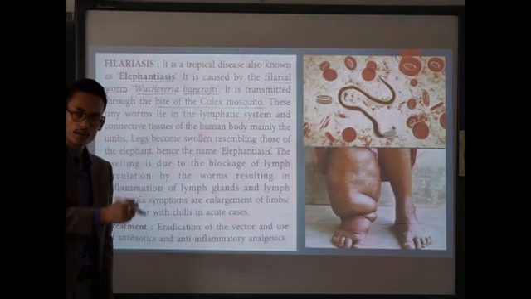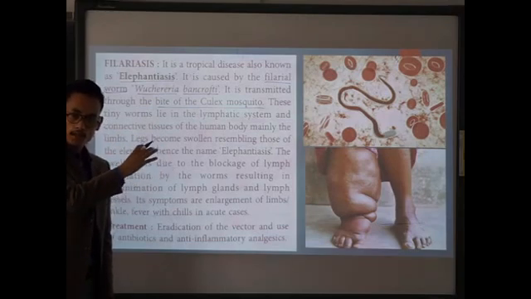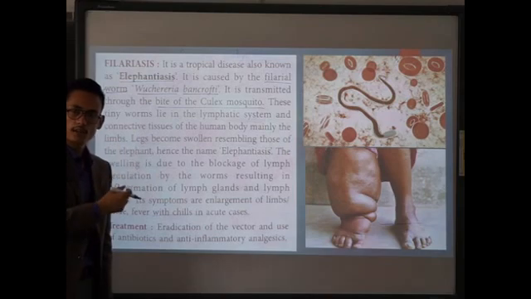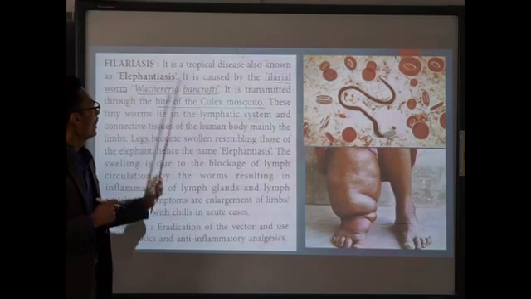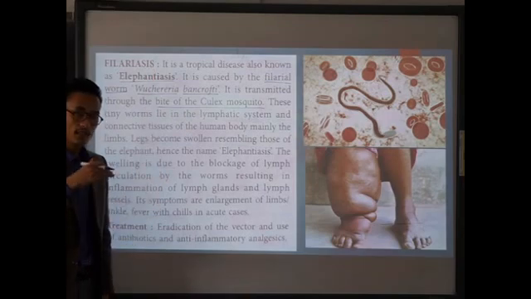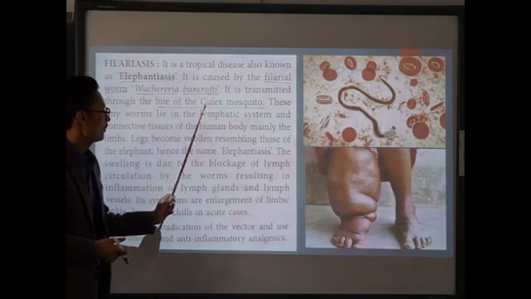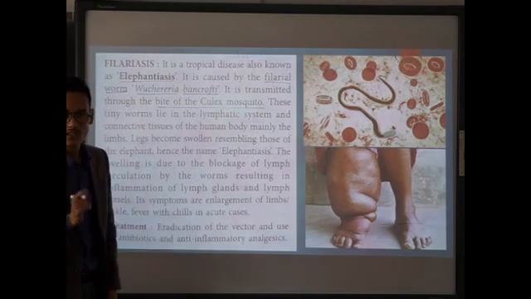Remember that in malaria, the parasite Plasmodium was mainly transmitted by the bite of a female Anopheles mosquito. But over here, filariasis is mainly transmitted by the bite of the Culex mosquito. Clear?